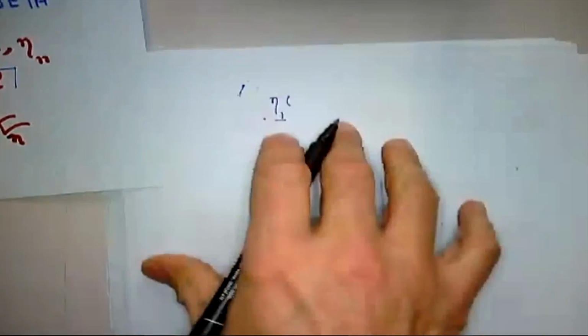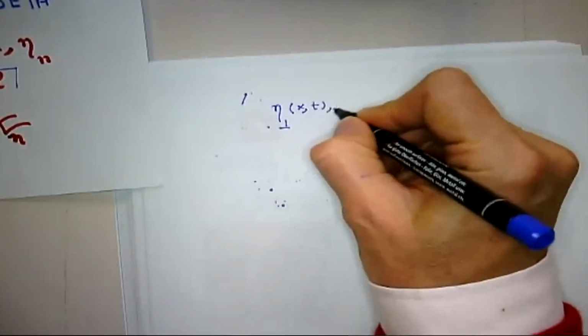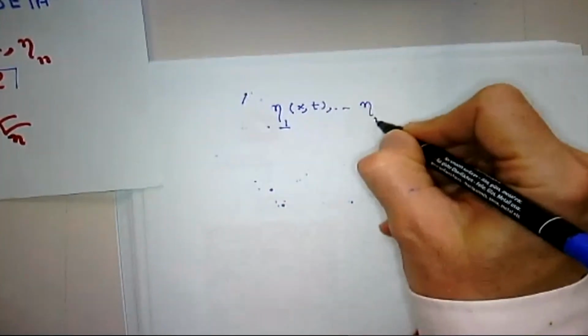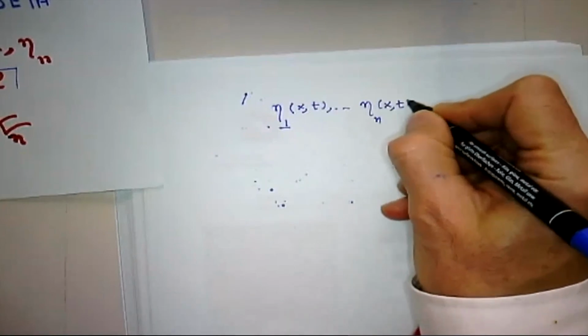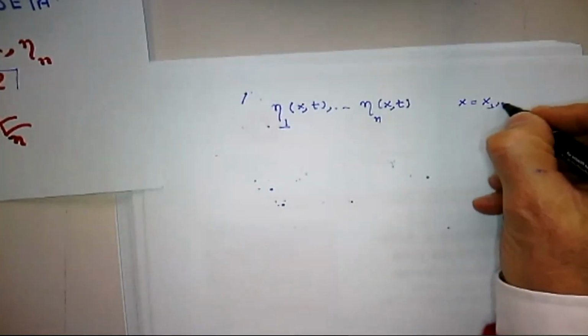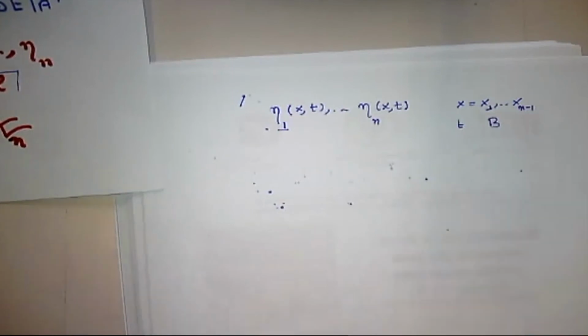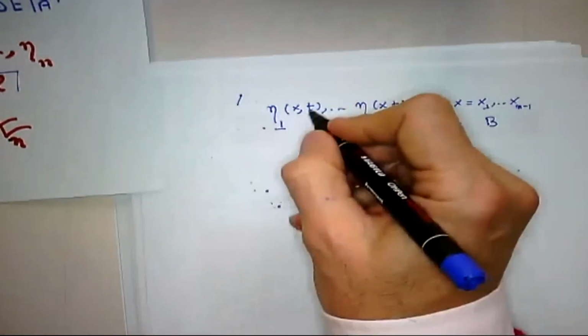I know that I'm going to run out of time, but think of a situation like this one for a moment, where x are the variables on the fibers, and t is the variables on B. And these are 1 forms.